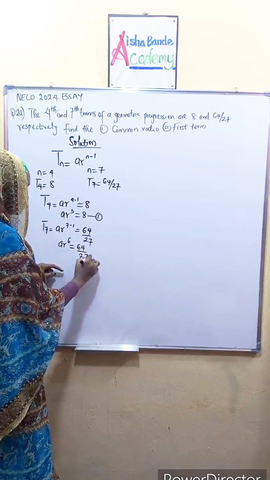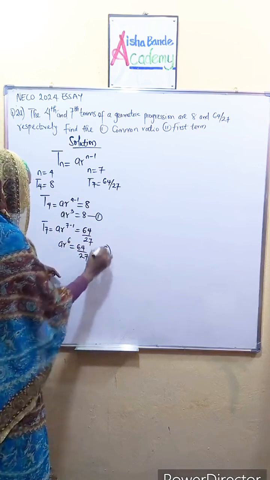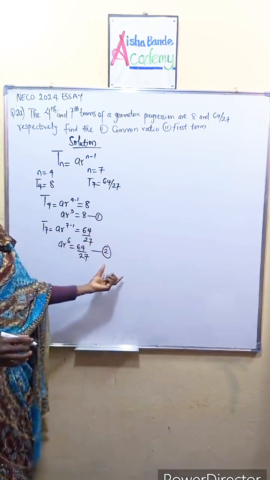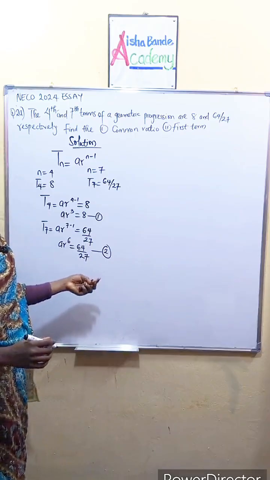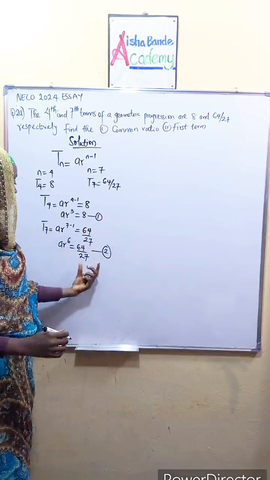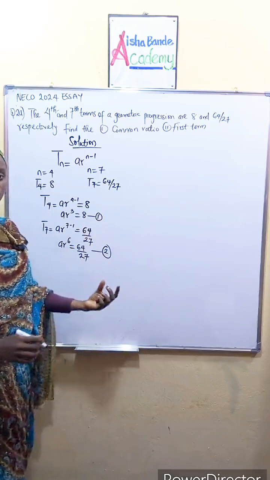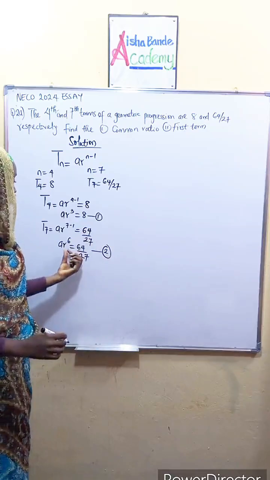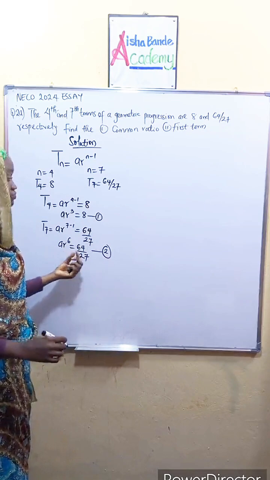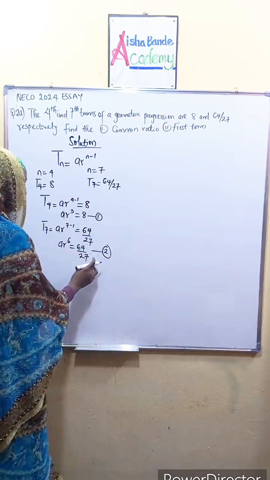What we do at this point is solve the 2 equations and get the value of r. So from here, all we need to do is divide equation 2 by equation 1.